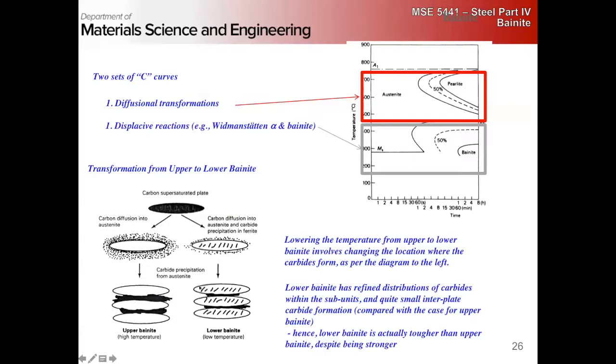So even though it seems weird, you've got this fine distribution of carbides, this lower bainite actually is tougher than upper bainite, and it's also stronger because these are effective strengthening particles as well, right? So as you cool your transformation, you gain in strength and you gain in toughness.